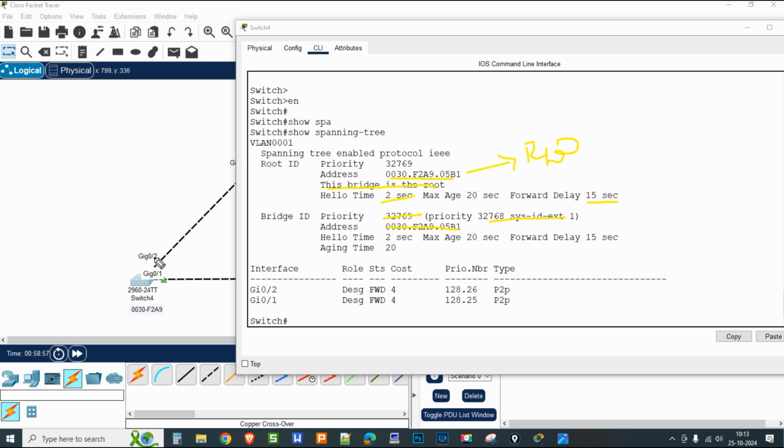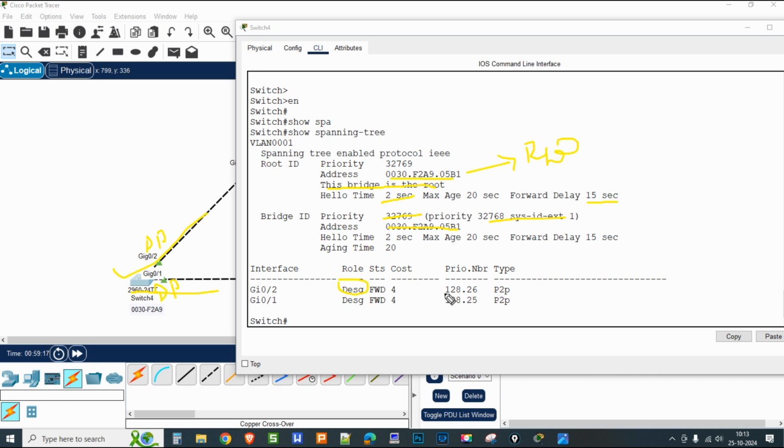Here you can see Gigabit Ethernet 2, Gigabit Ethernet 1. So Gigabit 2 is the designated port. I already told you this one is the designated port. Then this is forwarding the frame to the outside. Then this cost value is 4.